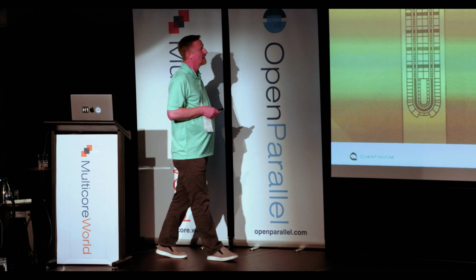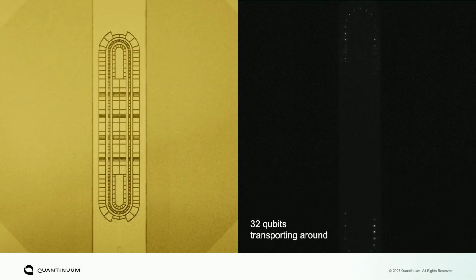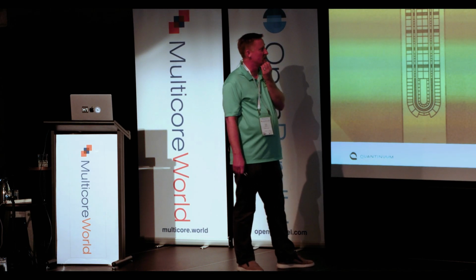So this is our newest generation of machine that came out a couple of years ago. We'll be launching yet a newer one this year. It has this racetrack geometry, and you can see a video. These are individual atoms, right? So we're controlling individual atoms to this very exquisite precision.